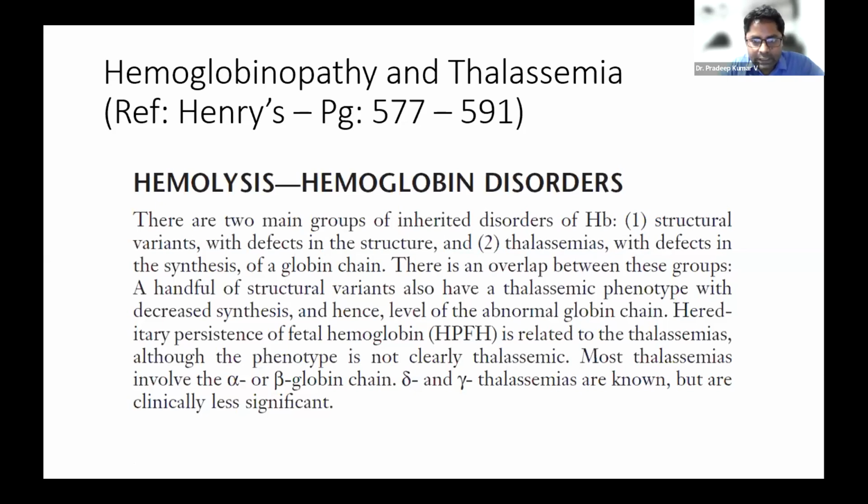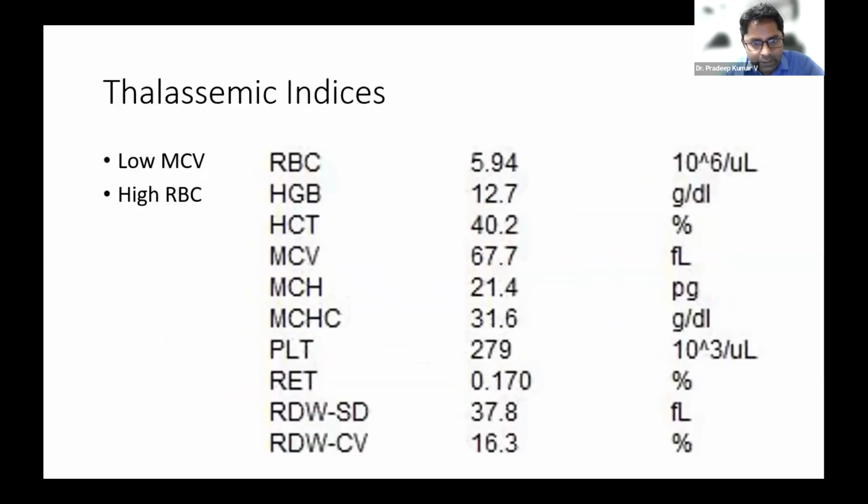Let's say it is hemoglobin E homozygous: you will look at thalassemic indices, but you know that it's a hemoglobinopathy. On a look, the indices are thalassemic, but there will be no elevation of A2, and there is an abnormal band altogether. We'll come to that slowly. Any doubts, please put them in the chat box or convey them to us.